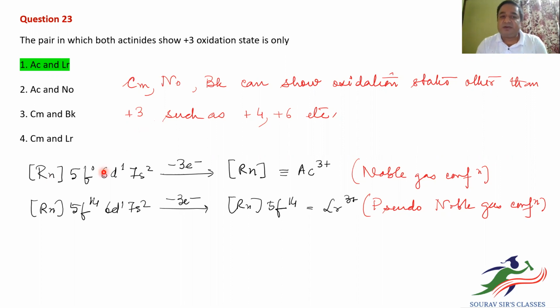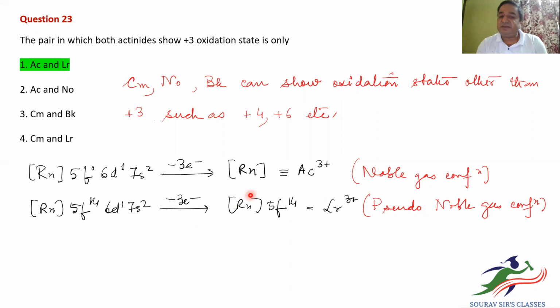Why? If you write the electronic configuration for both of these, this is for actinium and this is for Lr. If you lose the electrons from here, actinium gets the electronic configuration of radon, which is a noble gas configuration. Whereas Lr, if you lose 3 electrons, becomes Lr3+.